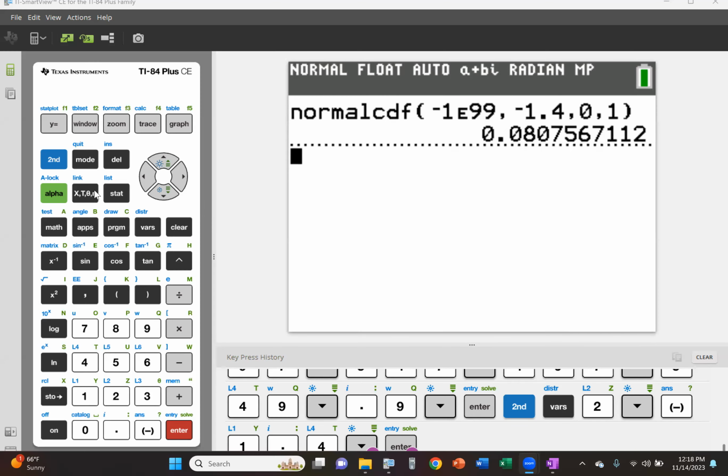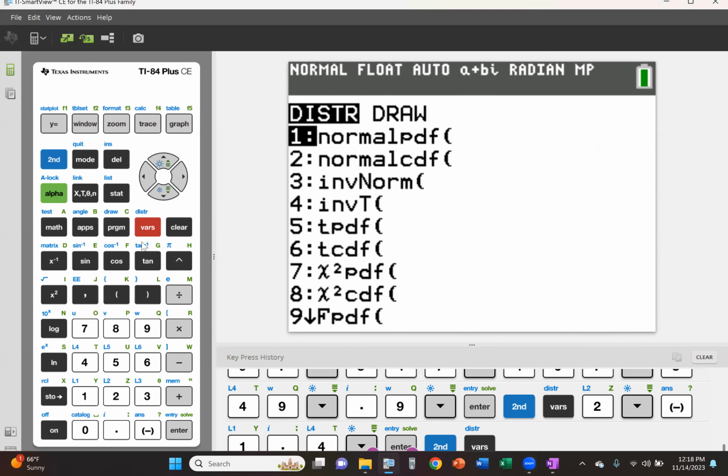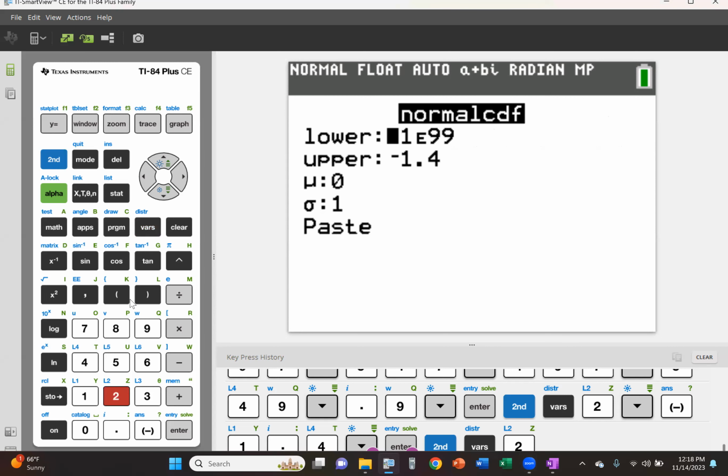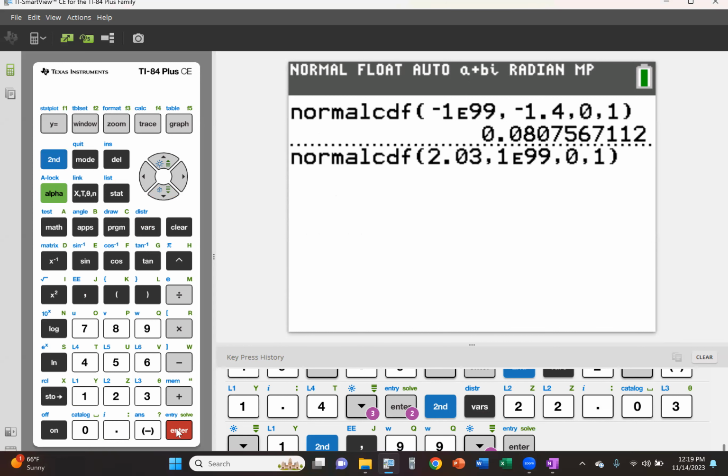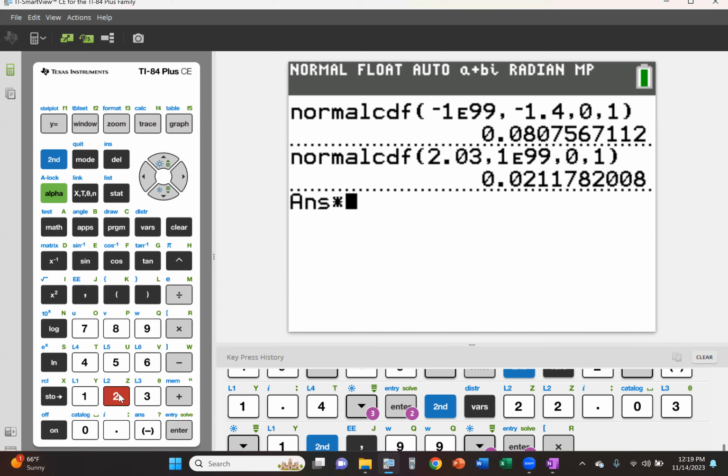So we're going to do our distributions, the normal distribution number 2, from 2.03 to 1 times 10 to the 99, 1 E99. So we get 0.021178. We're going to multiply that by 2. So times 2, that takes the answer I just calculated and multiplies it by 2.